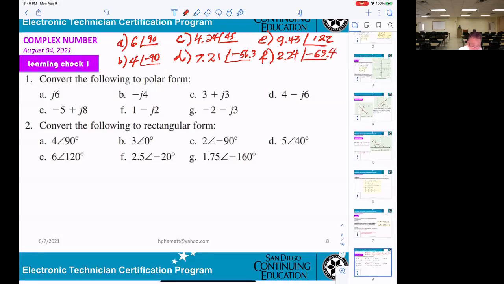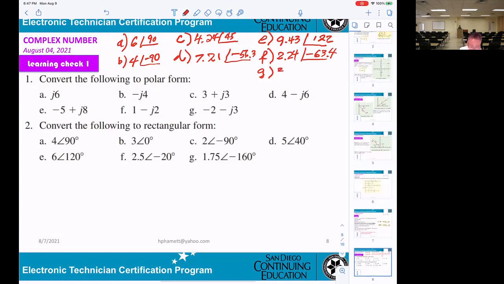And the last one. 3.61. Okay, 0.6, that's okay.